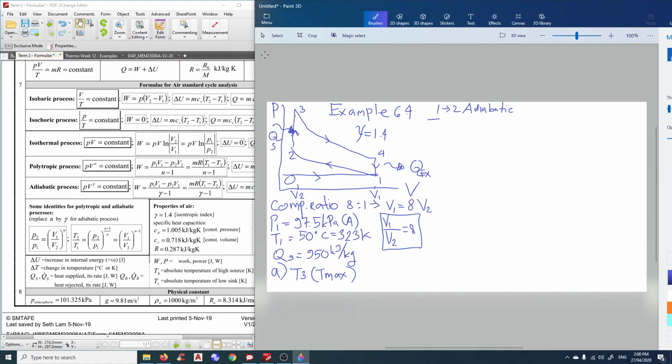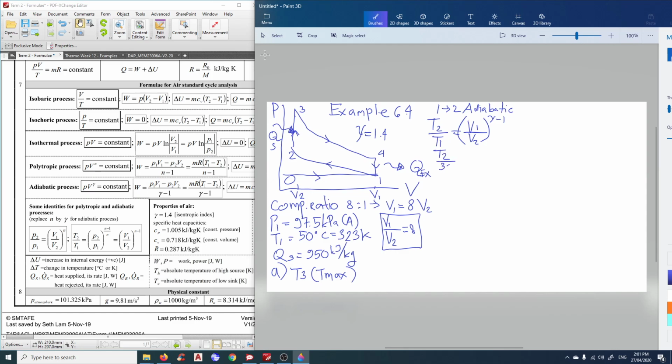T2 over T1 equals, I'm not going to use the P2 over P1. Instead, I will use V1 divided by V2 to the power, not n, but gamma minus 1. So T2, that's what we're after.